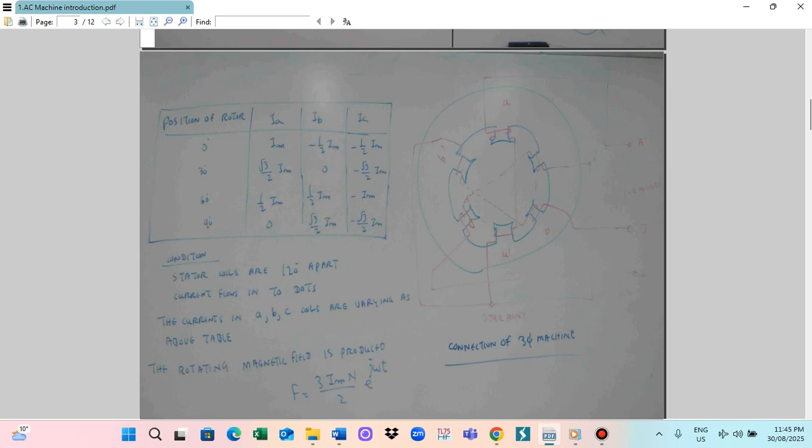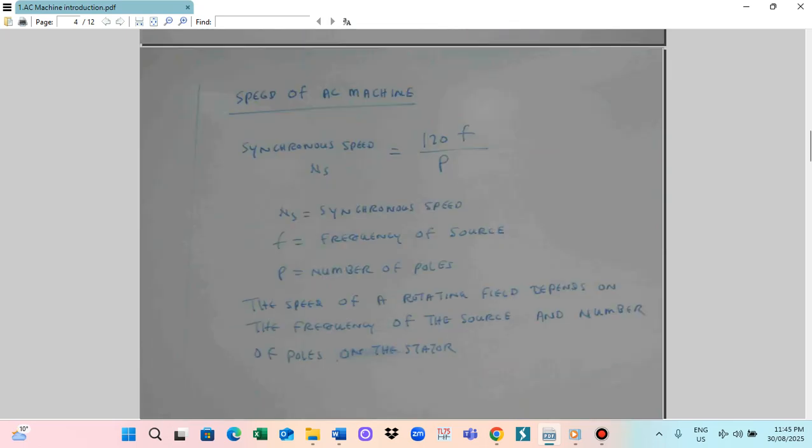Machine speed can be calculated by a formula. For the AC machine, speed depends on the frequency and the number of poles. So we can calculate the synchronous speed. The synchronous speed will be Ns, and we can calculate it by this formula: Ns equals 120 f divided by P. So this is the synchronous speed of the AC machine.